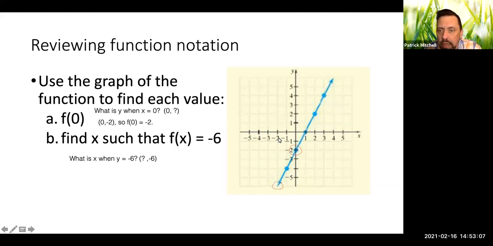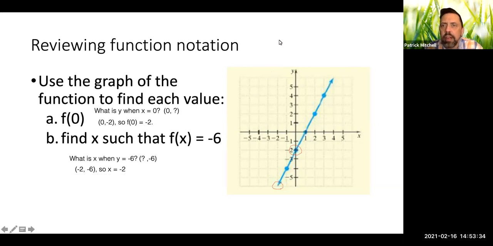The x coordinate of that point would be negative 2. And so just by sheer total coincidence, the answer to this problem is also negative 2, but it's a completely different negative 2 than letter A. In letter A, it was a y value, and in this problem, it is an x value.